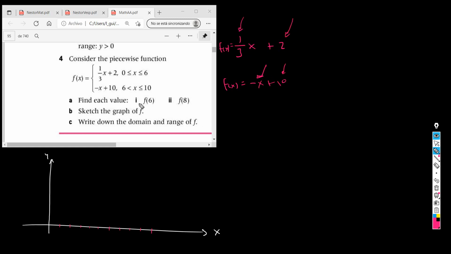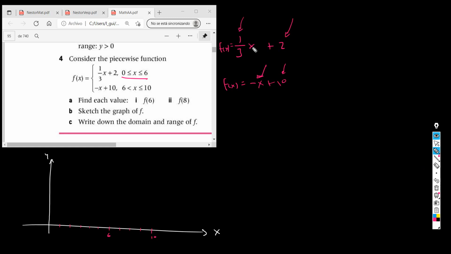Okay. Now, how do you plot these lines by hand? What you have to do is this: over this part of the domain from 0 to 6, all you need to do is give some values to x and find the corresponding value of the output, right? Give a number to the input and obtain the number for the output.